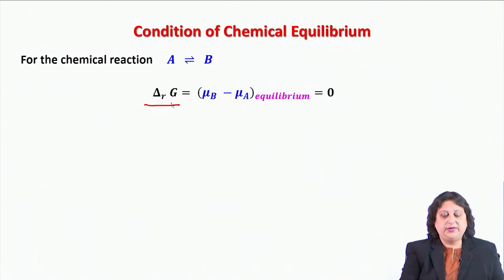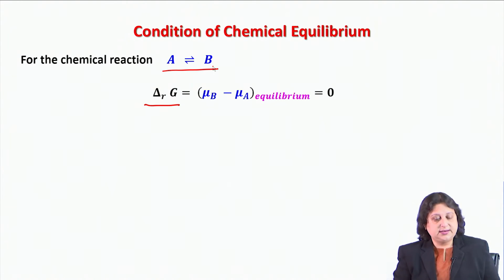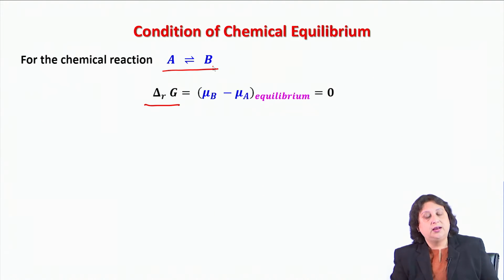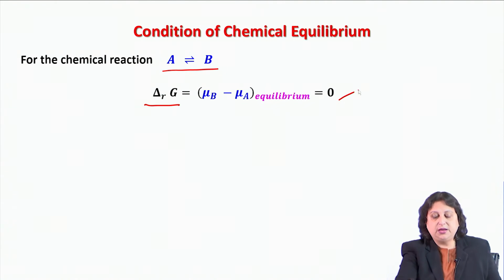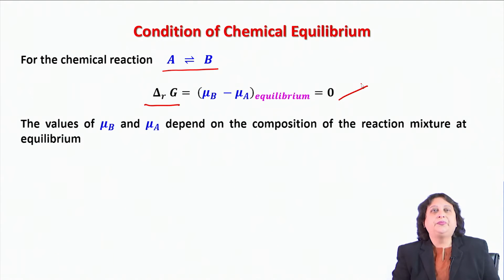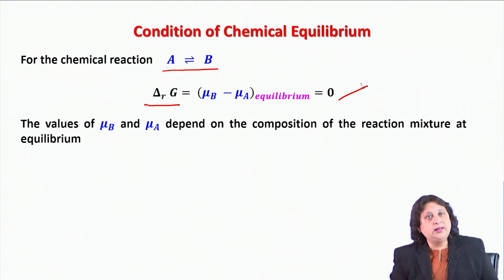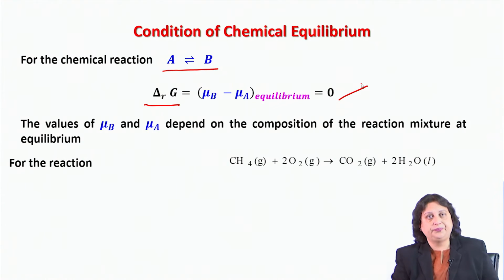For this chemical reaction A reversible B, I understand that delta R G is equal to mu B minus mu A at equilibrium, and that must be equal to 0. Is that clear? Now, I understand that the values of mu B and mu A depend on the composition of the reaction mixture at equilibrium.